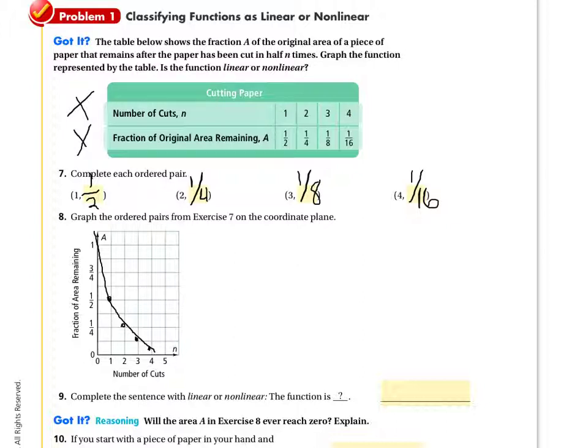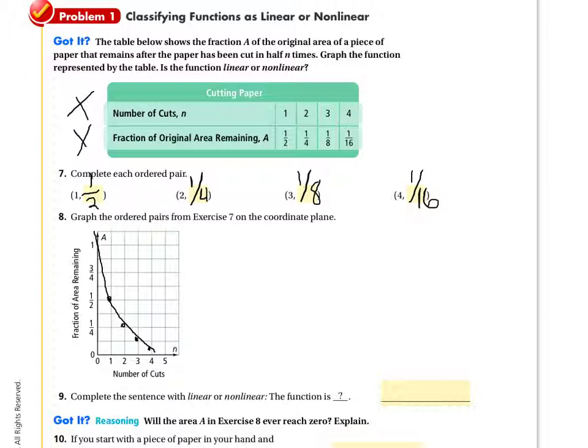Notice that the 1 corresponds with the 1 in the input of our function. The 1/2 corresponds with the 1/2 of the y in our function.